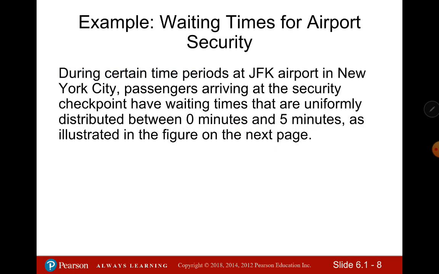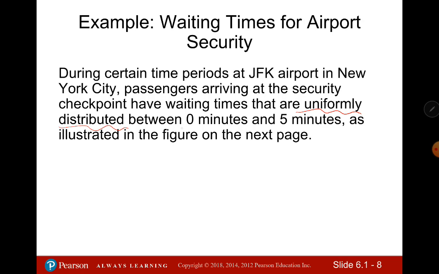So let's check this example first. In this airport of New York City, passengers arriving at the checkpoint have waiting times uniformly distributed. So we already know all the waiting times follow a uniform distribution.